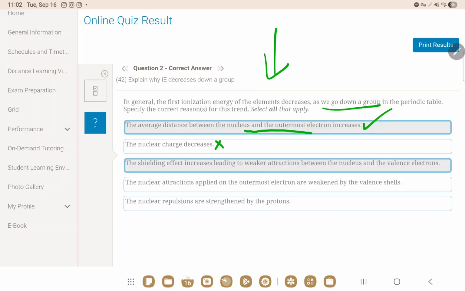Yes. Nuclear charge decreases? No. The shielding effect increases, leading to weaker attractions. Of course, nuclear attractions applied on the outermost electrons are weakened by the valence shells? They're weak, but they're not weakened by valence shells, so no. The nuclear repulsions are strengthened by the protons? How? Definitely not.